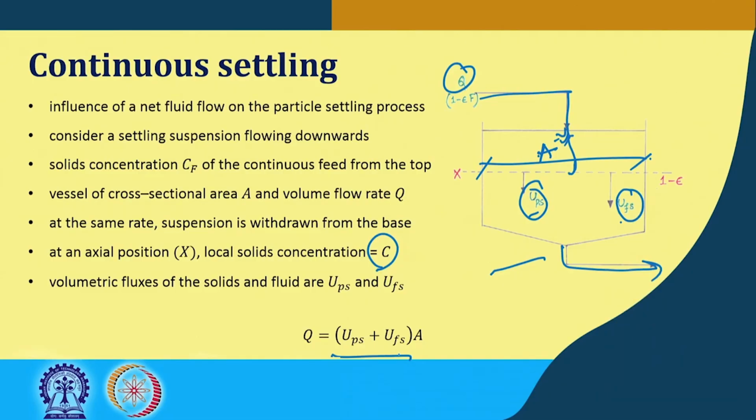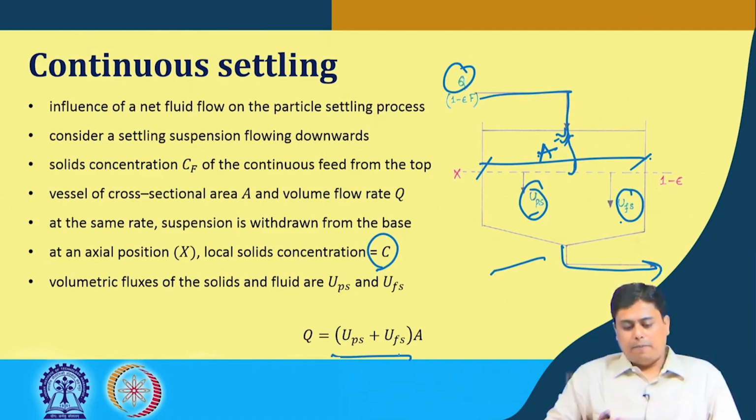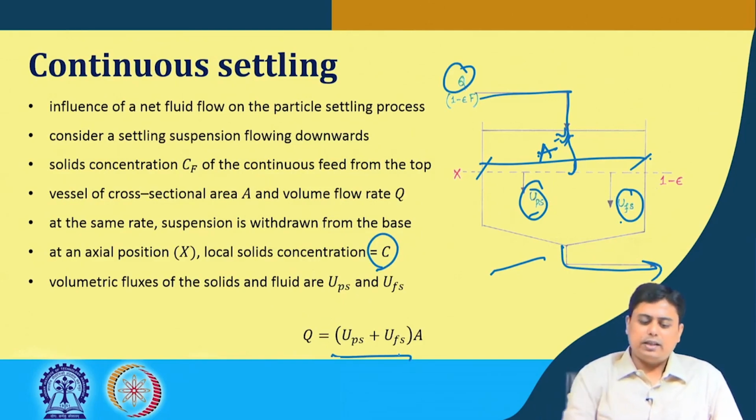So, the volumetric flow rate equals the particle settling flux plus the fluid volumetric flux, multiplied by the cross sectional area. This is applicable for any plane at any vertical location, because if both the fluid and particles are incompressible, then we can write this expression.